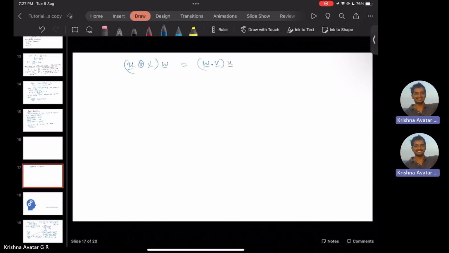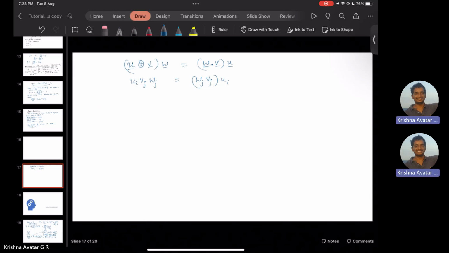So when you operate a dyad on a vector, it results in a vector. In indicial notation, ui vj wj is the same as wj vj and ui.